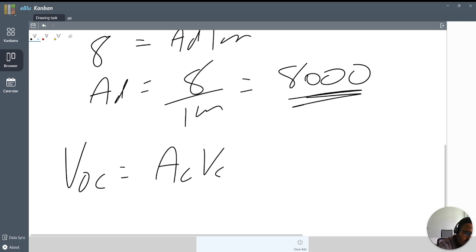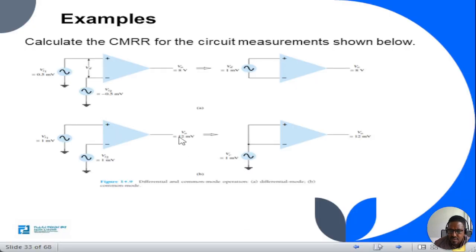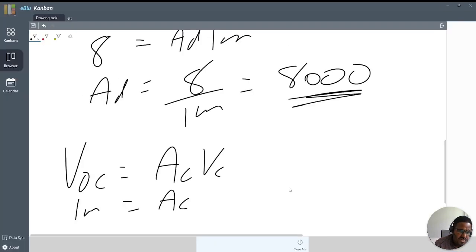Our common VC becomes 1 milli, and our V out is 12 millivolt during common mode. So the 12 millivolt output is for our common mode input of 1 millivolt.